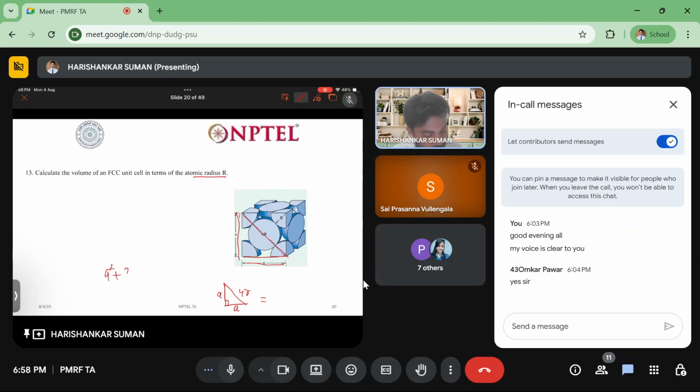So A square plus A square equals 4R square.